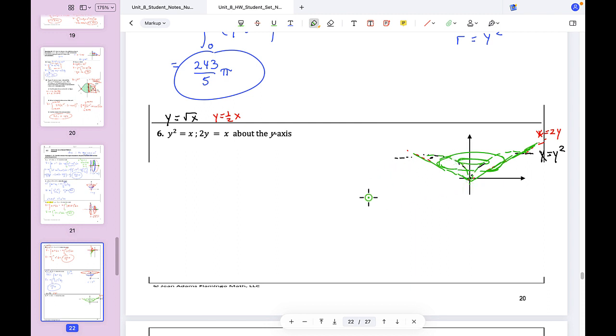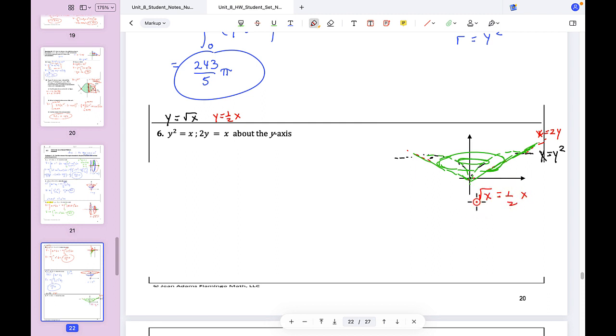Okay, so next I need to find out where they're intersecting. It looks pretty clear that one of the points of intersection is 0, 0. But to confirm, we're going to set these equal: the square root of x equals 1/2 x.